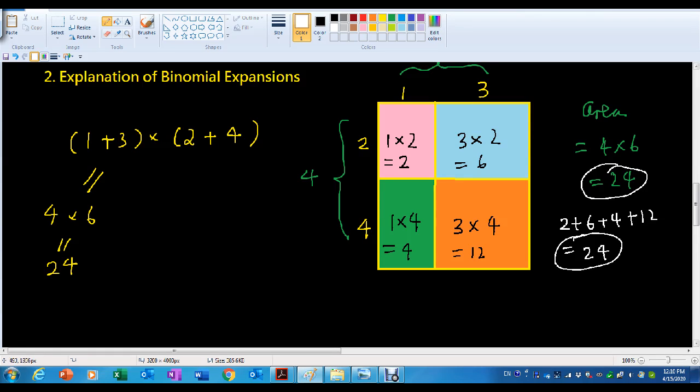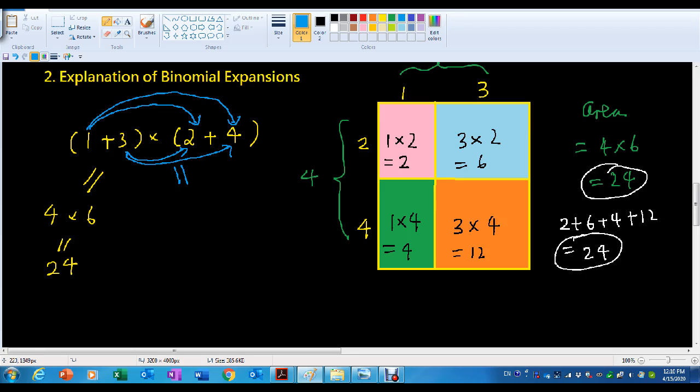So what's the implication here? That means for the multiplication of 2 binomials with numbers, we can do it like this. You multiply 1 with 2, and also 1 with 4, and then you multiply 3 with 2, and 3 with 4.